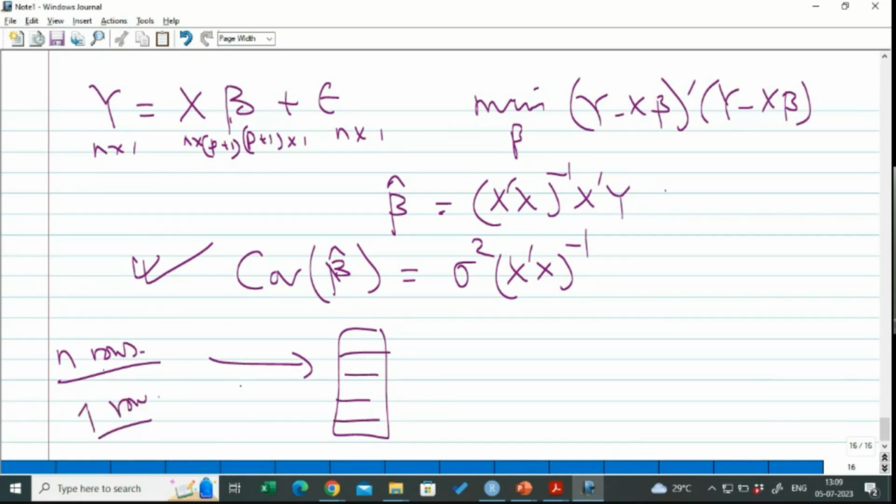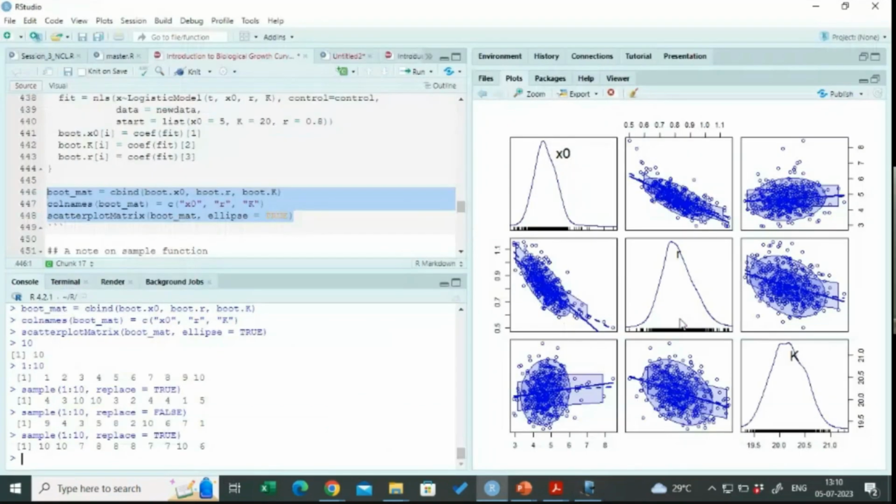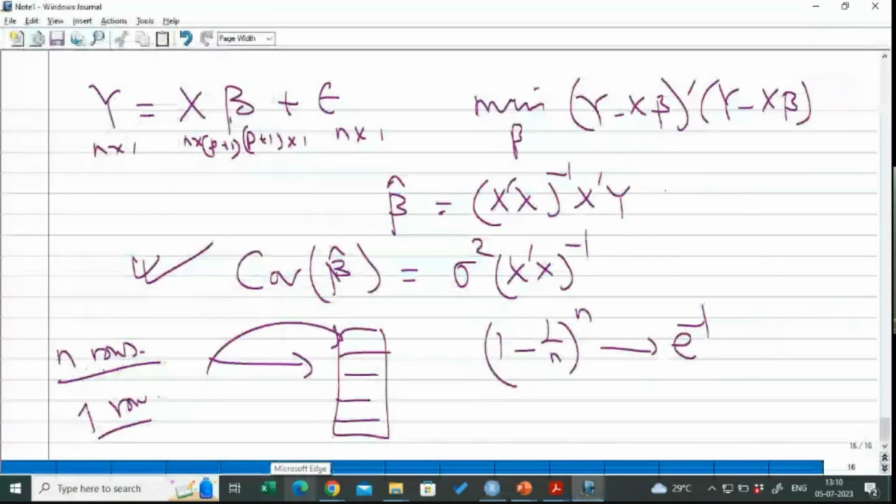The probability that this row is part of the bootstrap sample approximately goes to e inverse as n becomes large. And what is e inverse? Exponential of -1, which is 0.633.